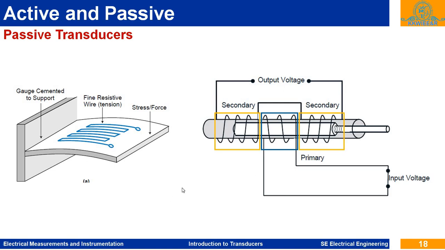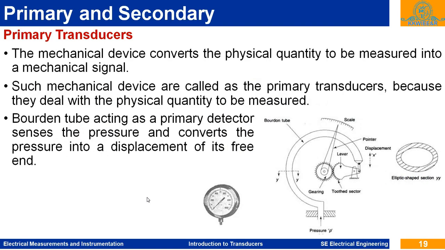For the measurement of displacement, we require the input, and based on the flux linkages between the primary and secondary coil, the output voltage is generated. So these devices require an external power source, so they are called passive transducers.